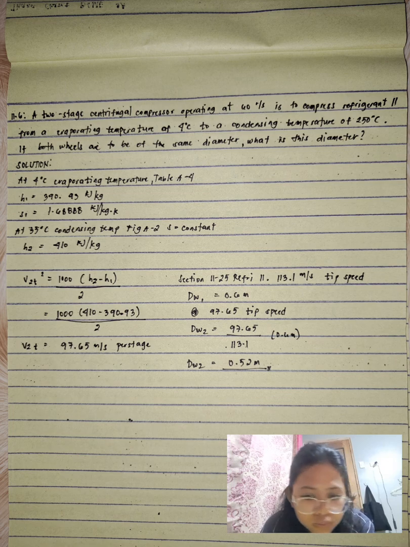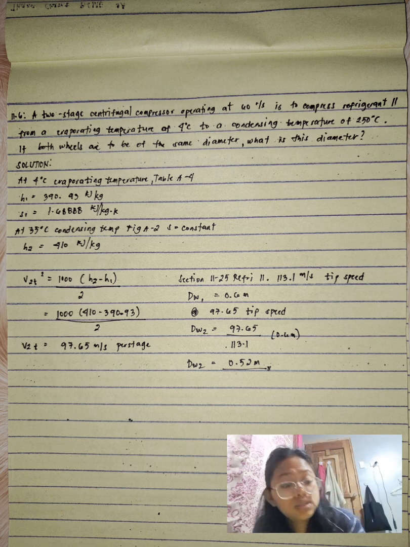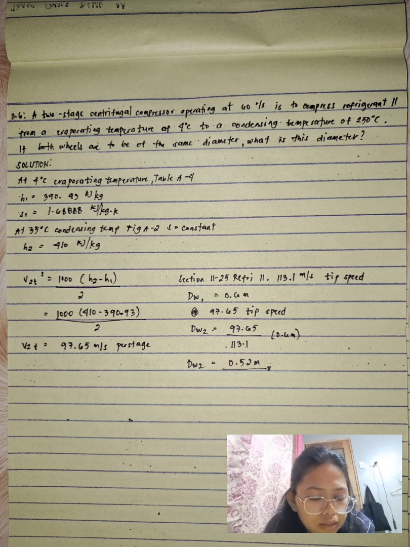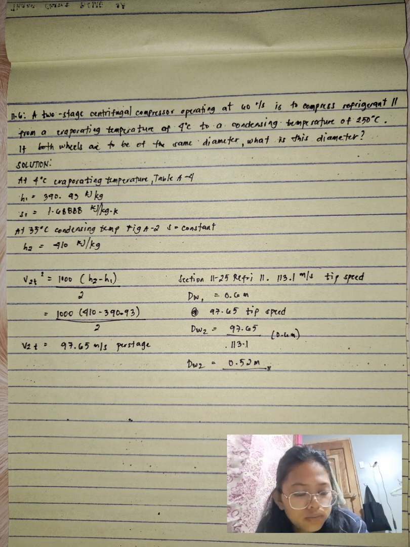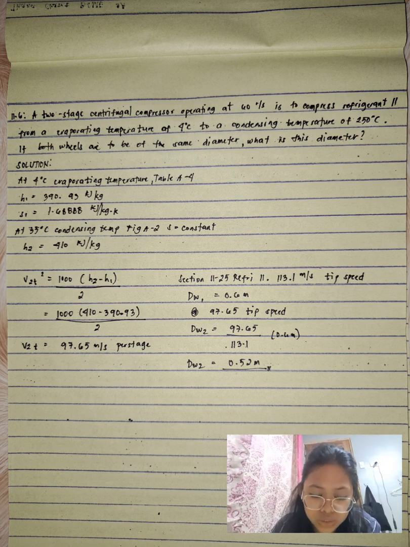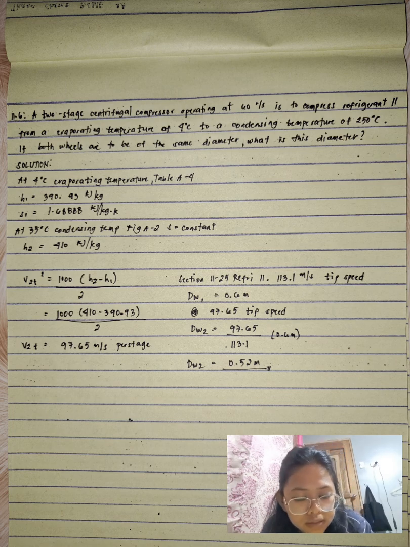So, to solve, V sub 2T squared is equal to 1000 times (H sub 2 minus H sub 1) over 2. To simplify, 1000 times (410 minus 390.93) over 2, and we have our answer, 97.65 meter per second per stage.